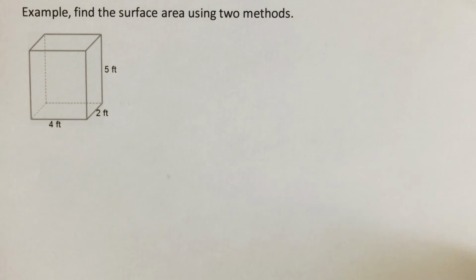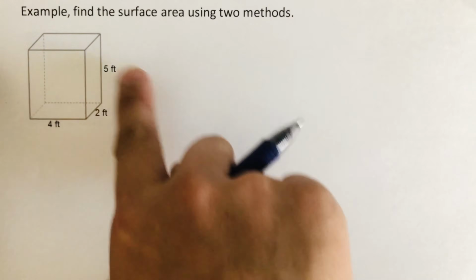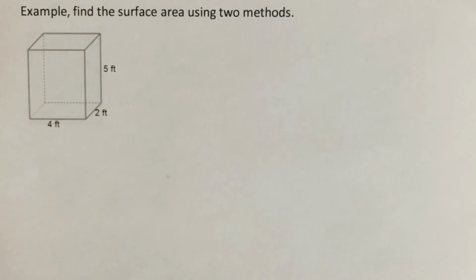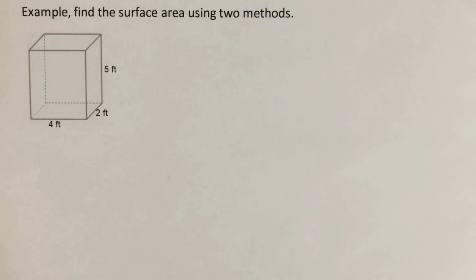So if in any case you have trouble memorizing the formula for surface area, the go-to method is we are going to take all of these parts separately, find the area for each of the parts, and that would be the surface area of the prism. So we're gonna do two methods.